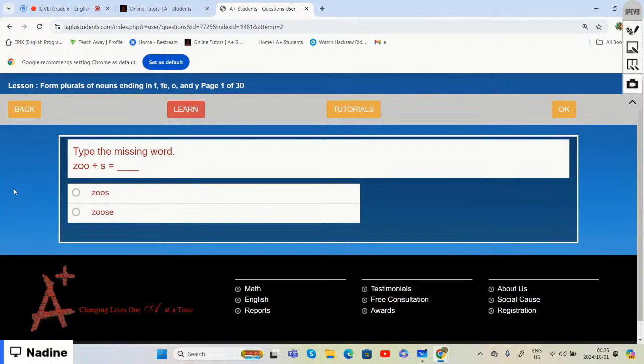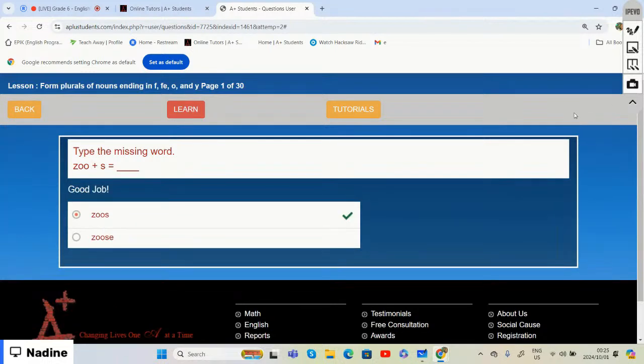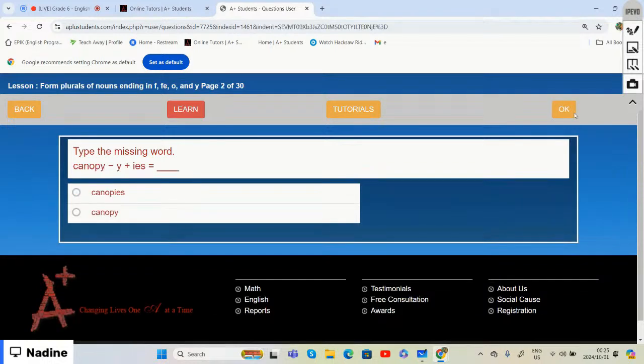If we choose the correct option, then yes, we'll go with option one, which is zoos, because it is zoo plus S, shows plural for zoos.